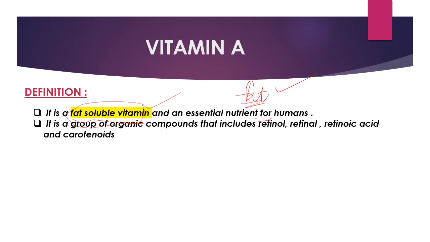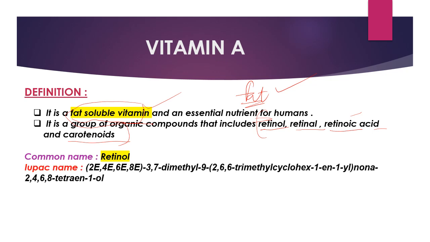It is a group of organic compounds that includes retinol, retinal, retinoic acid, and carotenoids. All these ingredients are present in vitamin A. Its common name is retinol. We have already learned. IUPAC name, no need to check out. Its molecular formula is C20H30O.